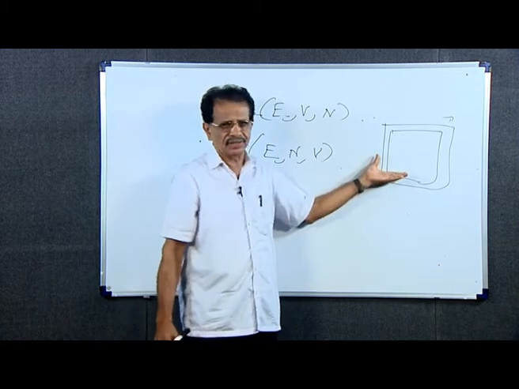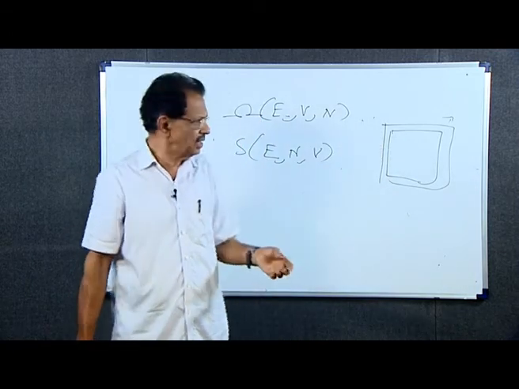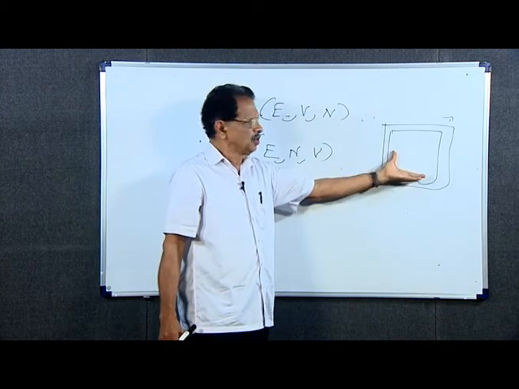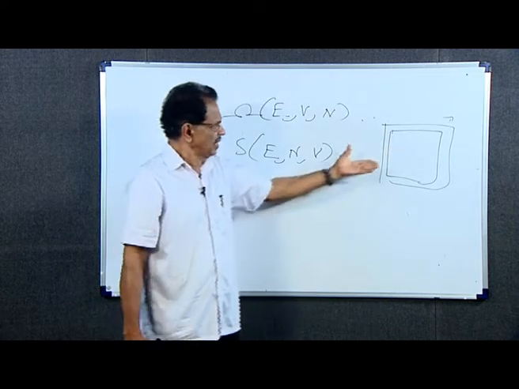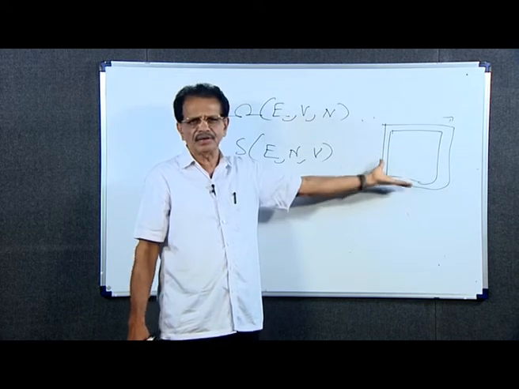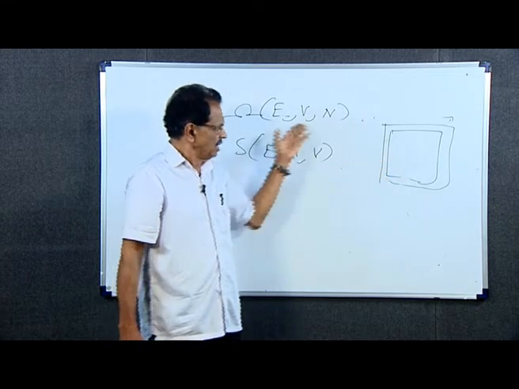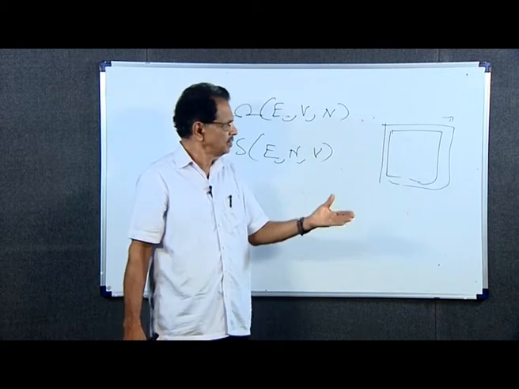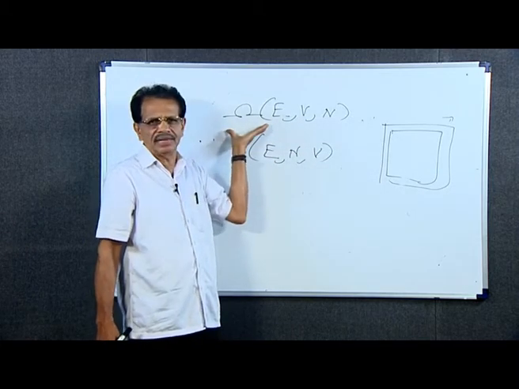So if you apply that condition, that there are so many states and all are equally likely, then how will the system go to equilibrium? An isolated system will, according to the second law, go to equilibrium by maximizing its entropy. Entropy is the maximum disorder. So an equilibrium system is a system having the maximum probability, which means the maximum value of omega, the statistical weight.